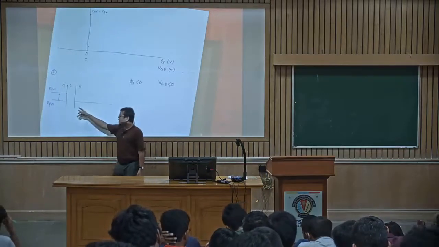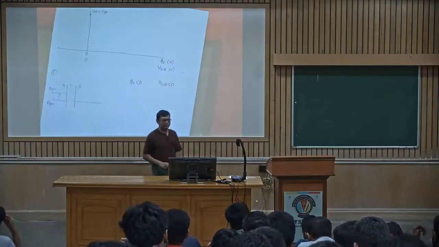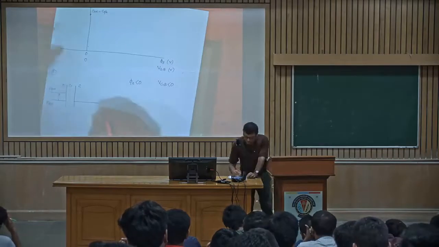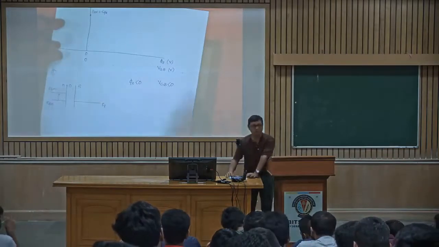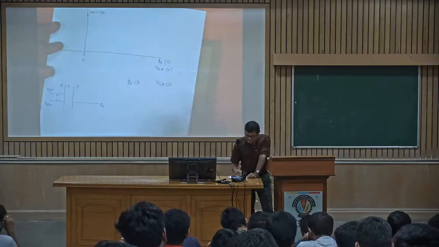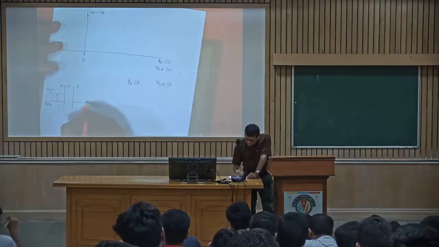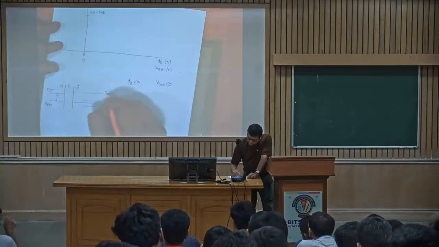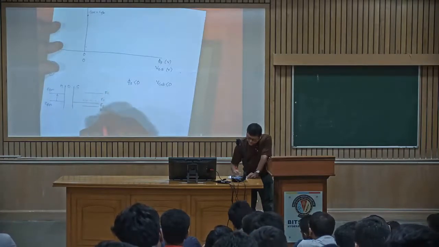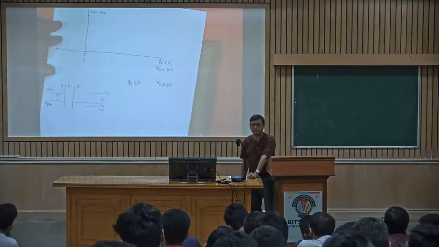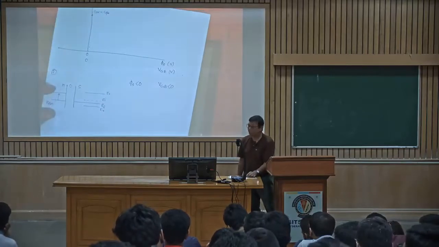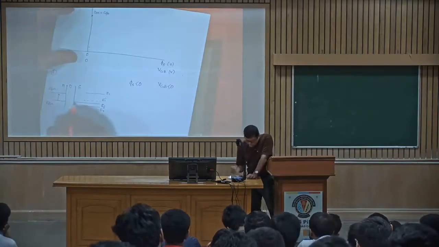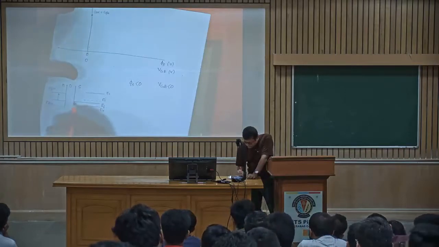No, because there is no transfer of carriers or particles because of the oxide. So we will have an EF here as usual. But what is going to change is, we had the bulk like a p-type material, EC, EI and EV. Once you have applied a negative voltage, this will essentially bend like that.